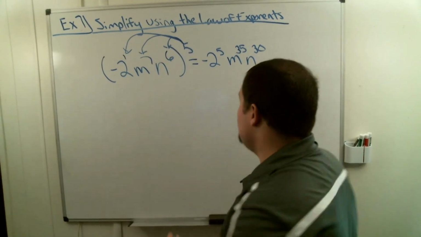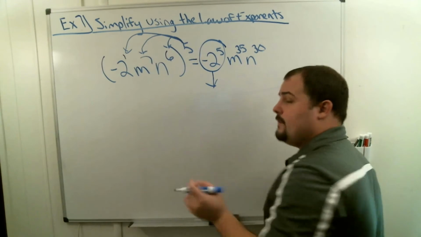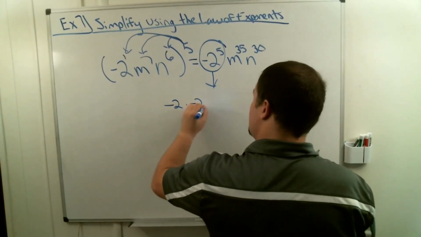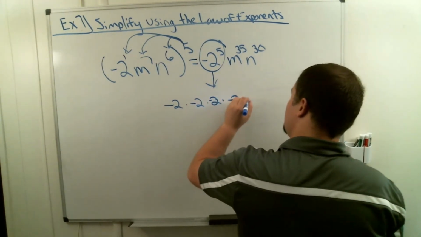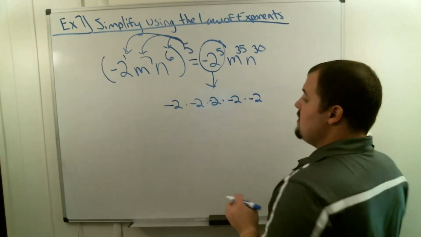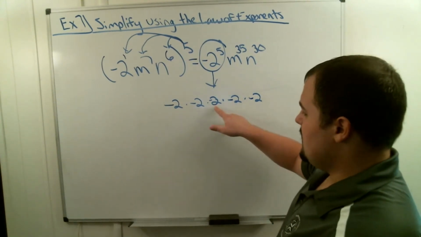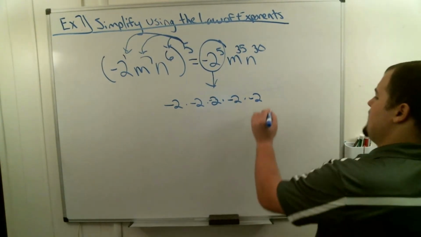And if you got this, I'll probably give you a B on your test. But again, if you have a number that has an exponent, you want to actually figure that out. So this is really a negative 2 times negative 2 times negative 2 times negative 2 times negative 2. Well, negative times negative is a positive, times negative is a negative, negative and negative make a positive, and positive and negative make a negative.